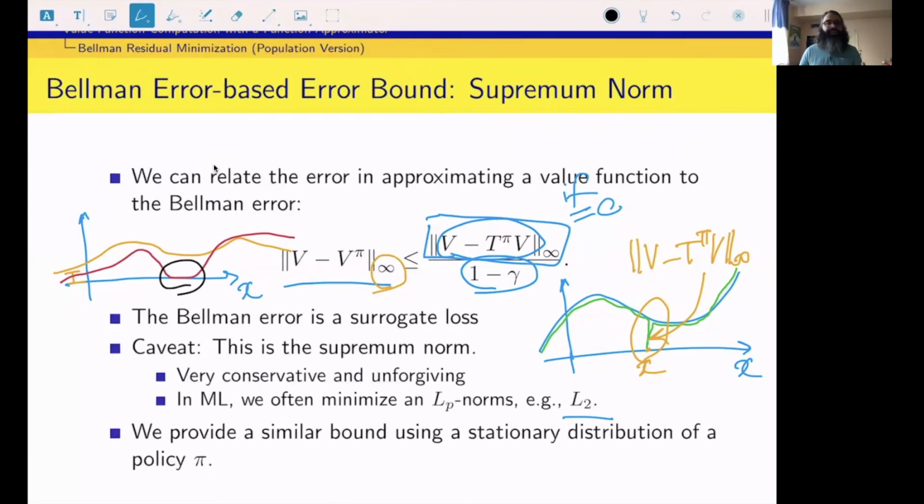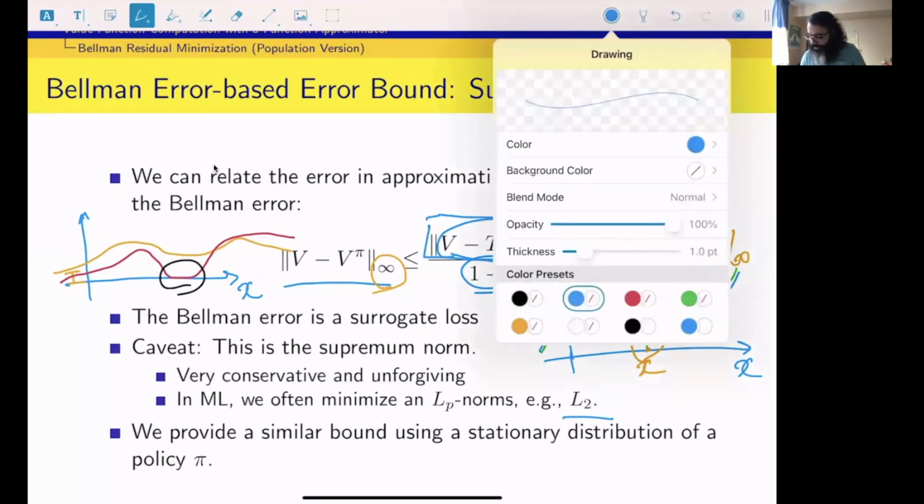But if you don't make any assumption on the data generating process and only have distributional assumptions, then if the density goes to zero, we cannot provide a supremum norm guarantee. Okay, anyway.